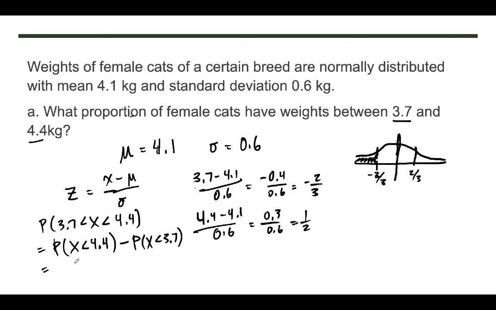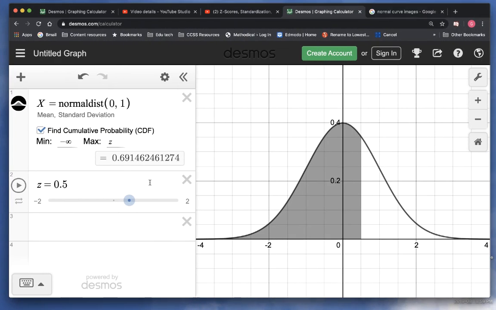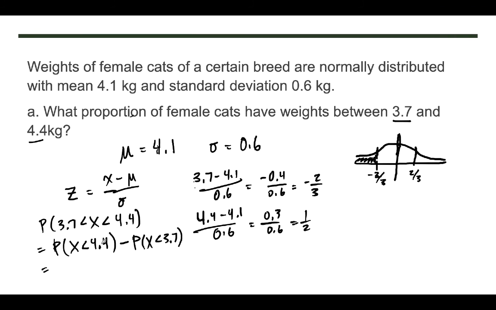Now these are the areas that I just calculated. So let's refresh our memory here. This one was about 69% when z is 0.5, the z-score for 4.4. So this is about 0.69. And this other value we calculated, for the lower z-score, was 0.25.